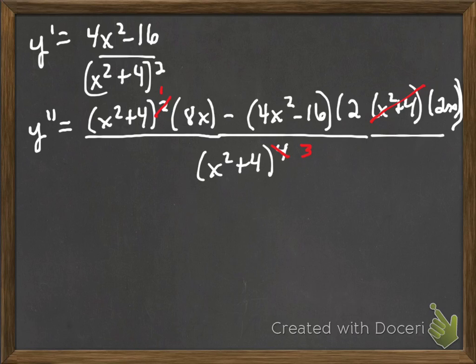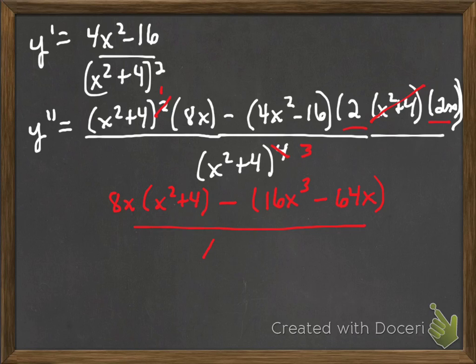So you have an 8x times x squared plus 4, and then minus, this is 4x, so 4x times 4x squared is 16x to the third. And then 4x times 16 is negative 64x.